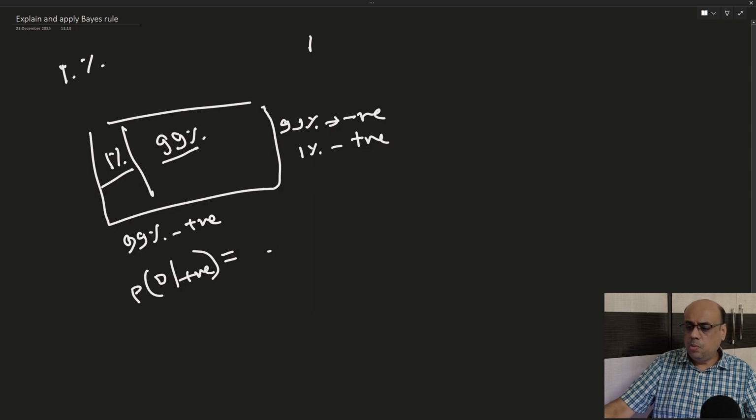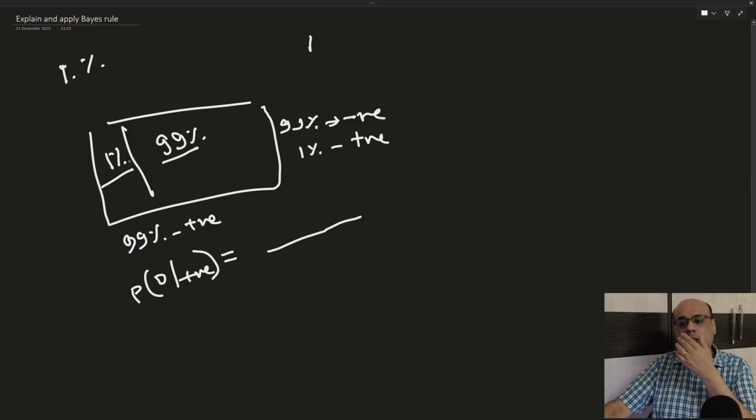So if I have to calculate this, what we will do is first check, out of 1%, 99% would be positive, right? So our favorable sample space is 1% into 99%.